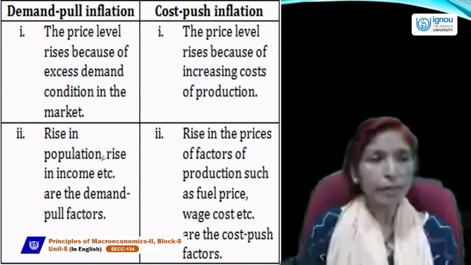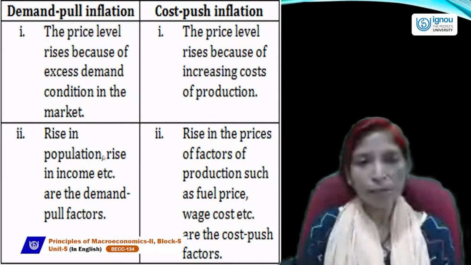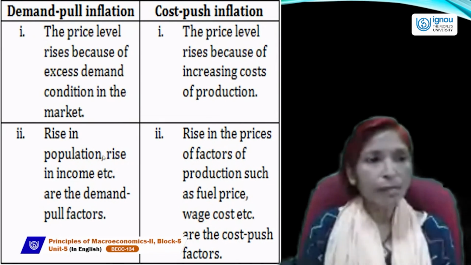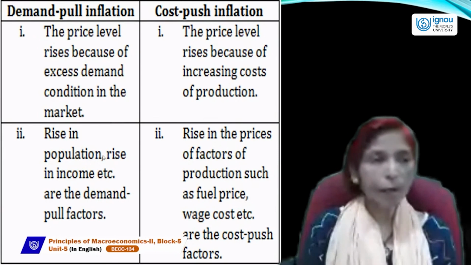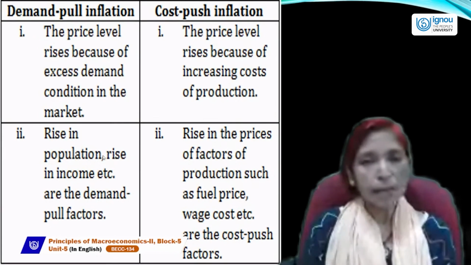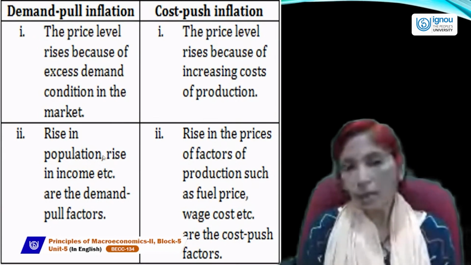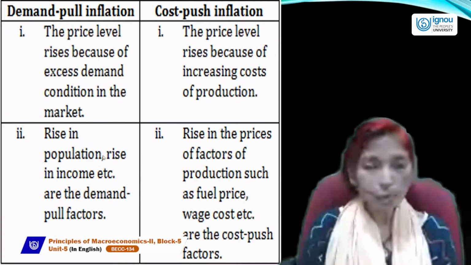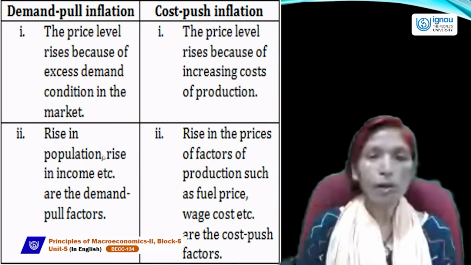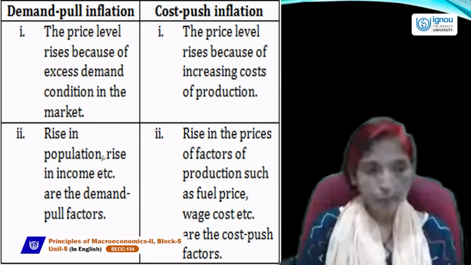Next is the difference between demand pull inflation and cost push inflation. When the price level rises because of an excess demand condition in the market, it is called demand pull inflation. And when the price level rises because of increasing cost of production, it is called cost push inflation.